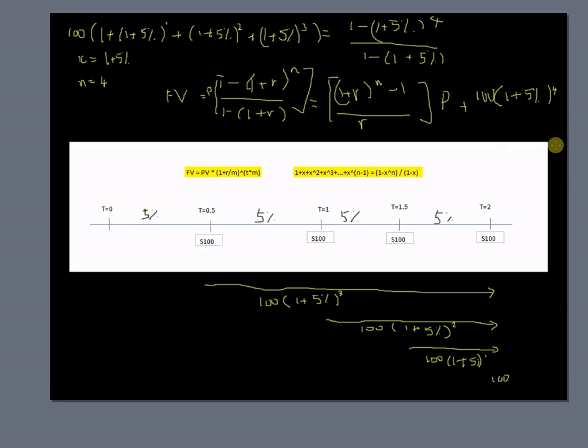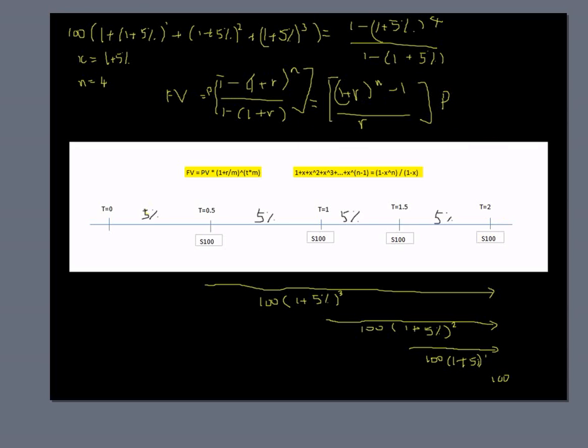Okay. Alternatively, another example, somebody may say that there won't be any cash flow at the end of the last period. So again, you just use the same formula and simply multiply $100. Okay, so it's easily worked out using this formula alone.